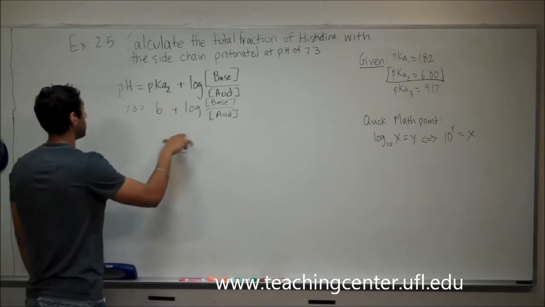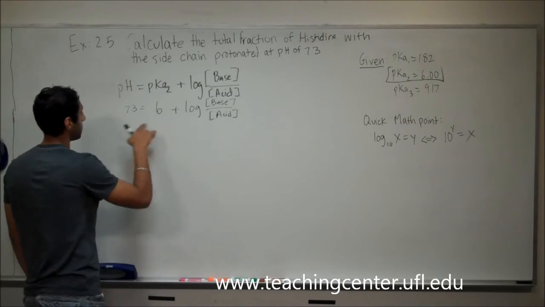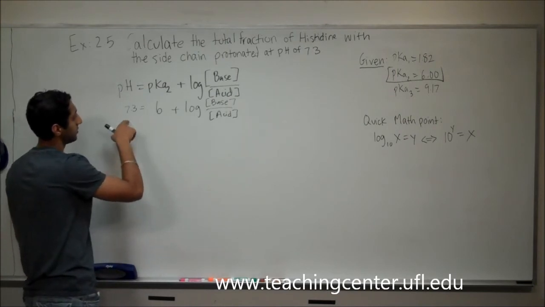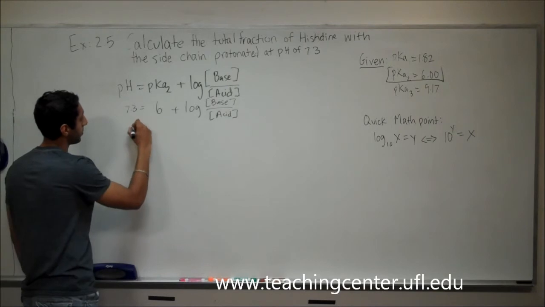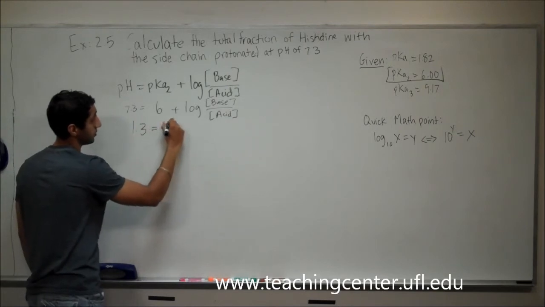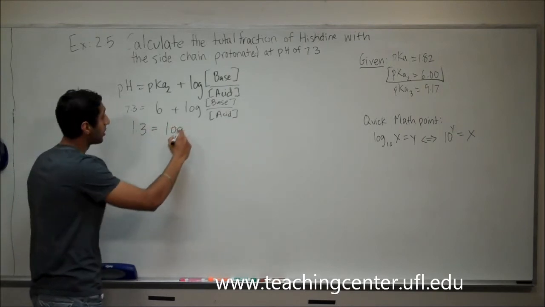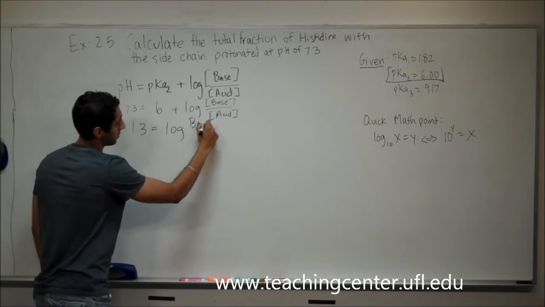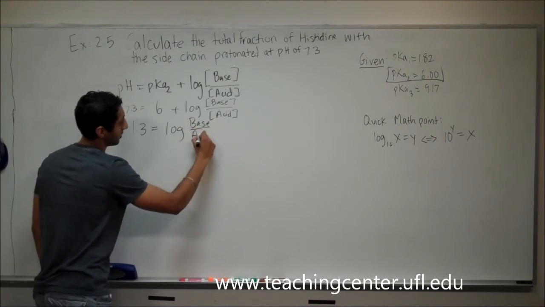Doing some simple algebra, we subtract 6 from 7.3 and get 1.3 equals log of the base over the acid.